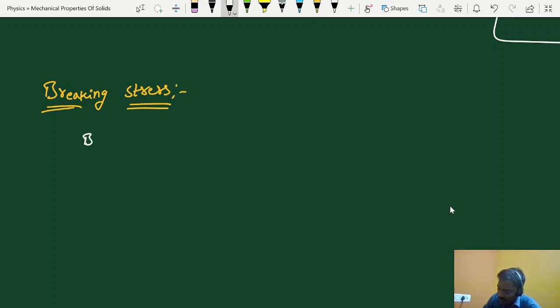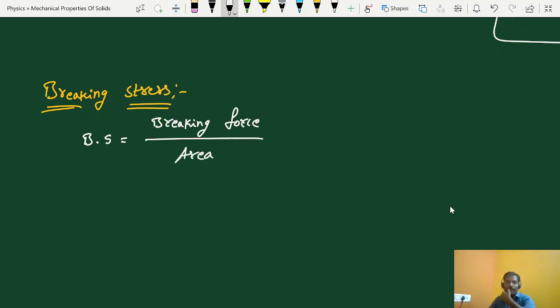Breaking stress is defined as breaking force per unit area of cross section. Or you can define it theoretically as the maximum stress which a wire or a material can withstand without breaking.